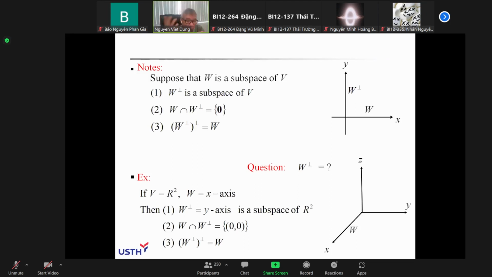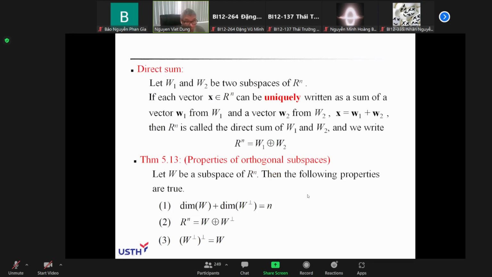And the last property says if you take the orthogonal complement twice, then you will go back to the original subspace W. And it is illustrated in the picture here. And you can also imagine that with the case of space.